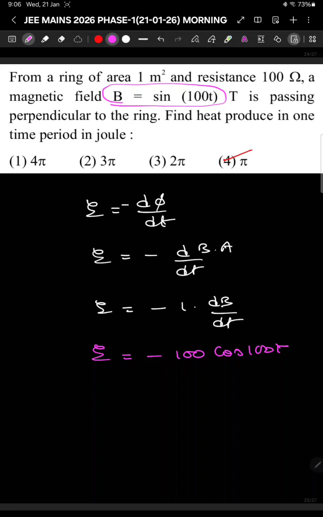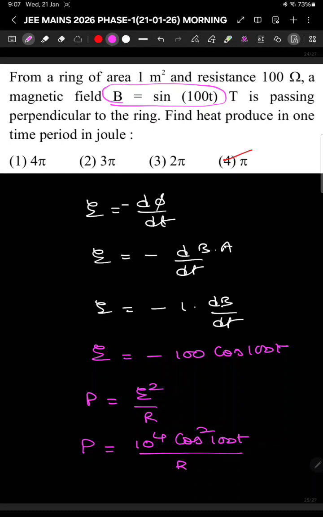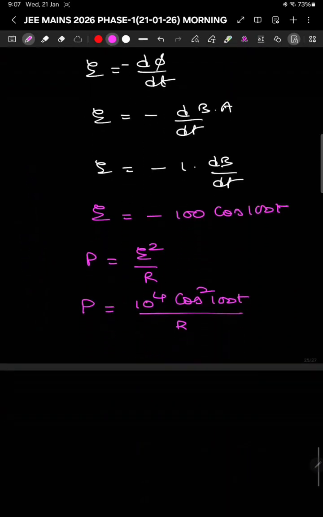You are asked to find the heat produced in one time period. So the power formula will be E square by R. So power equals E square, the value 10 power 4 cos square 100t, by resistance R. Now substitute that R value here.